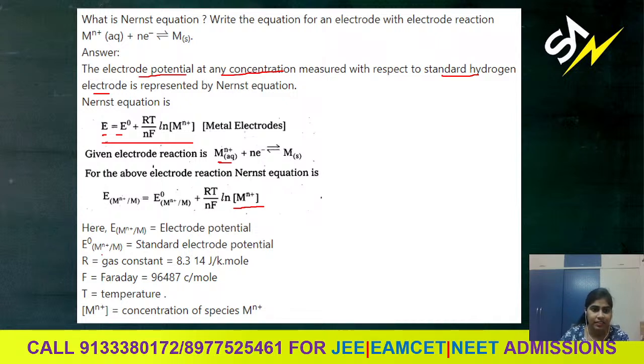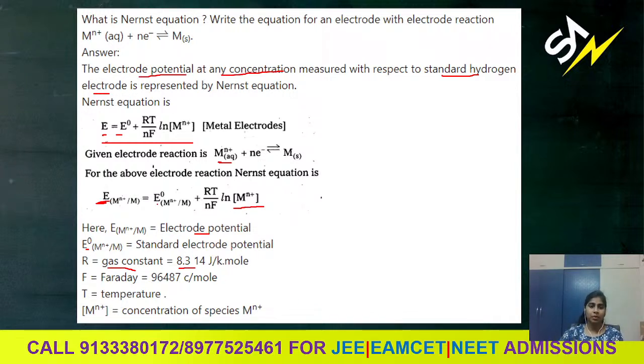Each term here: the first E is known as the electrode potential, and E naught is known as the standard electrode potential. R is the gas constant. Remember the value of the gas constant, as it is very useful in solving problem questions. The gas constant value is 8.314 joule per Kelvin per mole.